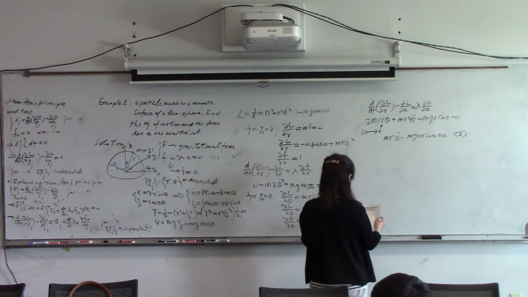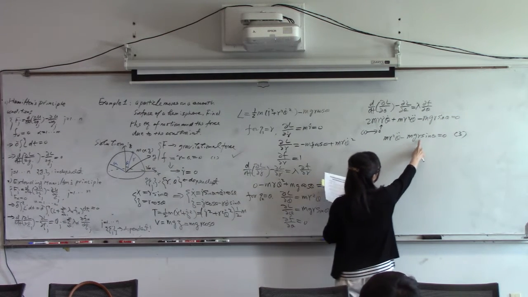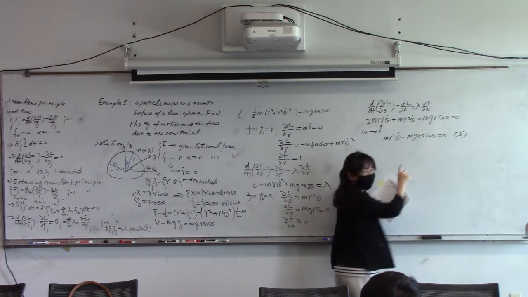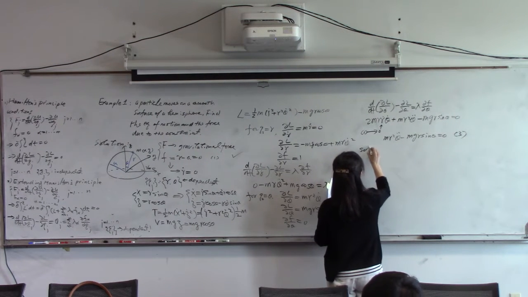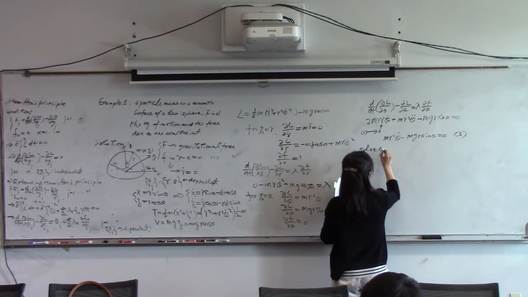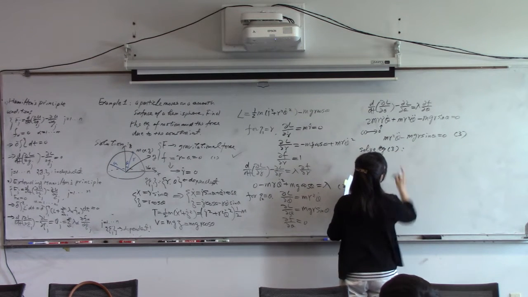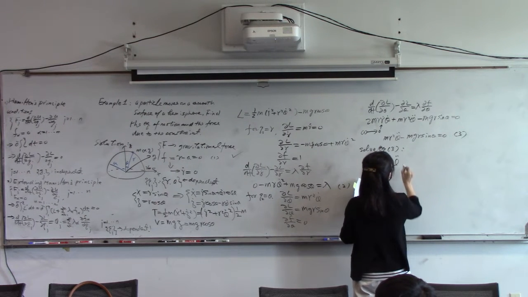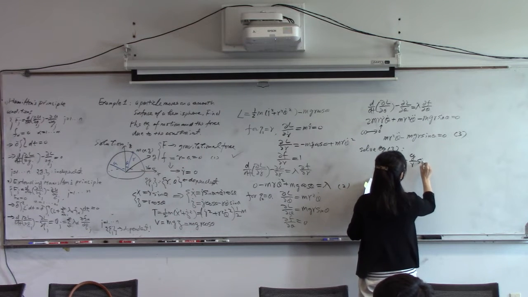So now, since R here, in principle, is also constant, from this equation we get the function of theta. So let's do this one. So now I solve equation 3. M and R cancel, so we have theta double dot equal to, I move the R over, g over R sine theta, right?